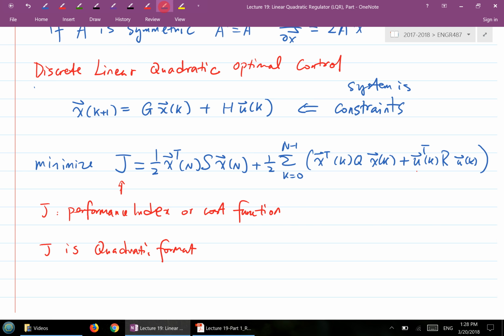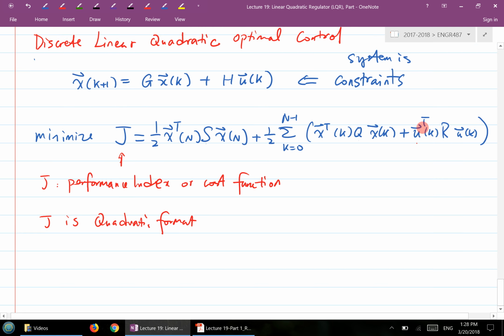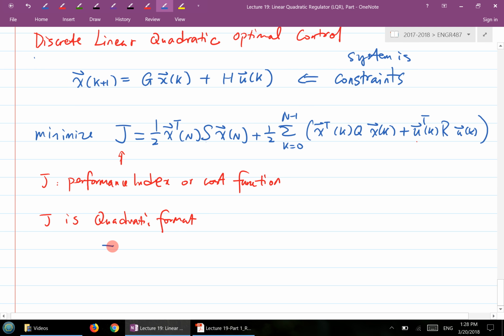We also have a few constant matrices, S, Q, and R, inside this performance index J. There are some specific requirements on the selection of Q, R, and S. First of all, they are called the weighting matrices.